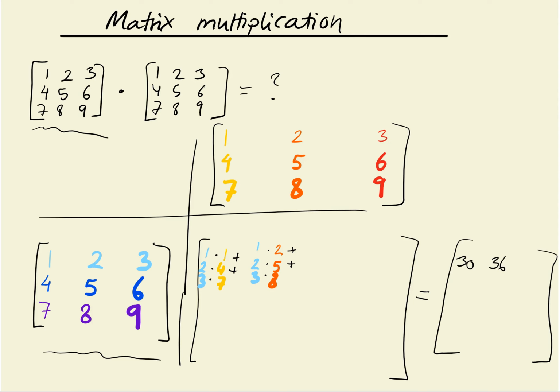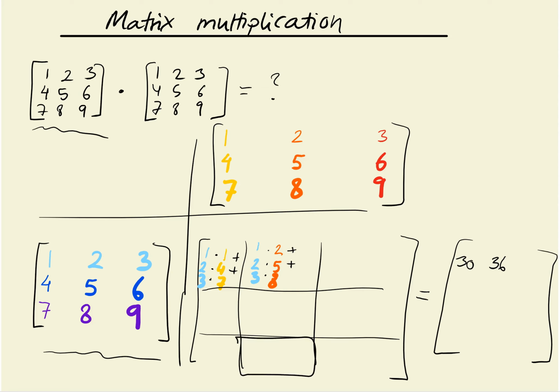So let's try another element. I'll divide this matrix into 9 spaces, 9 entries, and let's calculate this element here. This should be the dot product of this row vector and this column vector.